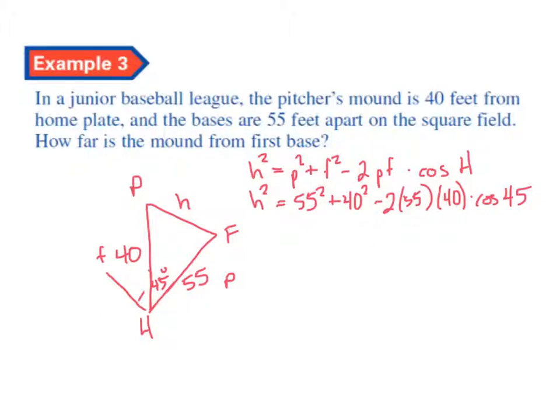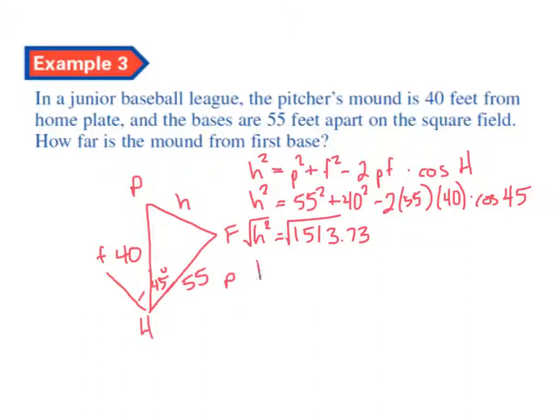Now I'm going to put the whole right-hand side into my calculator. And that gives me that H squared is equal to 1,513.73. Now remember, that's H squared, so I have to take the square root of both sides.